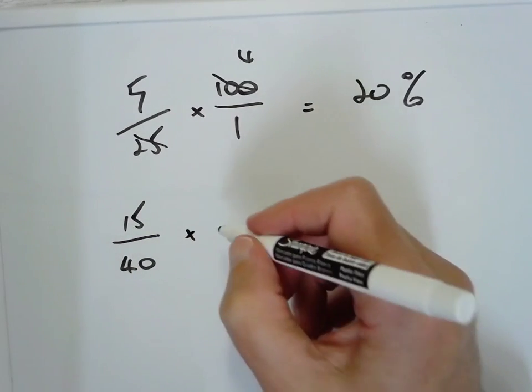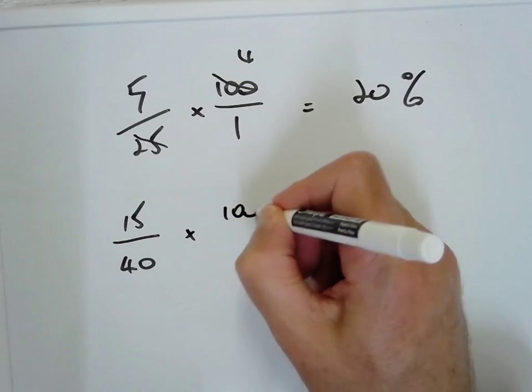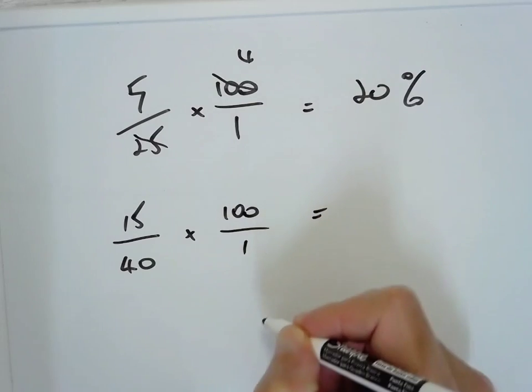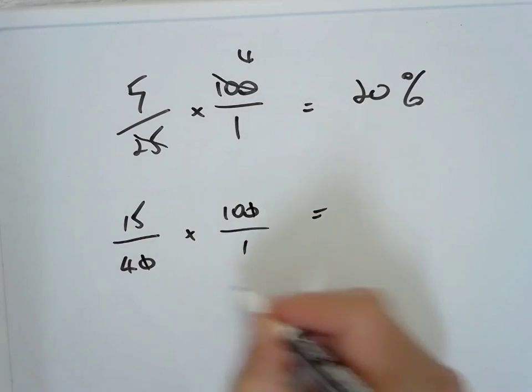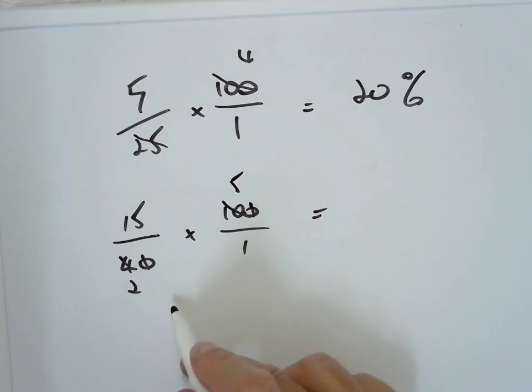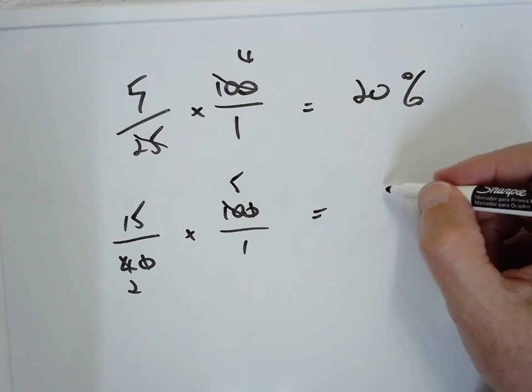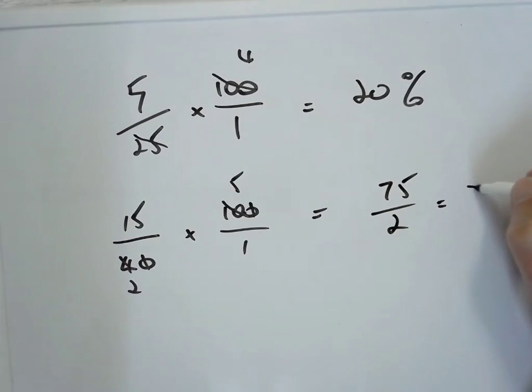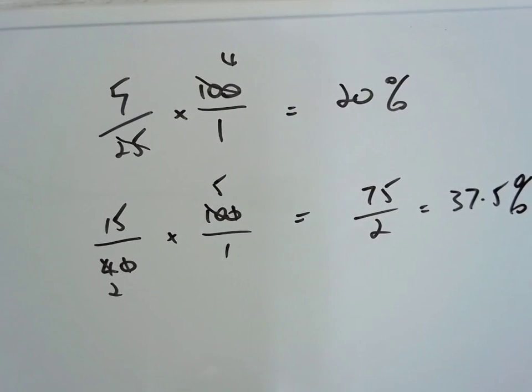Fraction to a percent, we're going to multiply by 100. Let's do it manually again, because that's fun. Okay, the zeros go, 4 goes to a 2, 10 goes to a 5, 5 15s, which is 75, so 37.5% of the kids were blonde. So all we're doing is multiplying by 100.